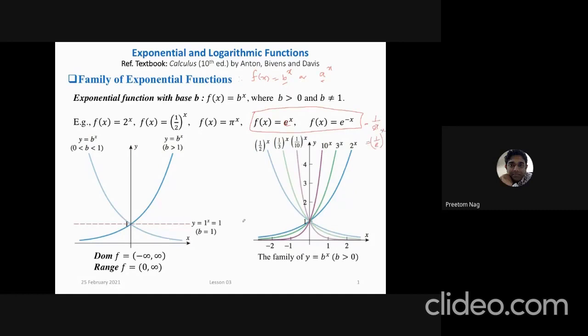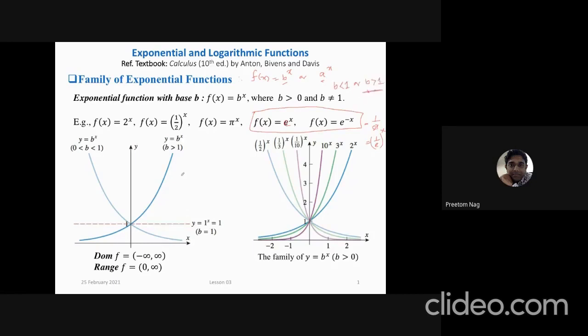Here we are seeing some graphs for exponential functions. If you have b to the power x where b is greater than 0, that means b can be of two types: b less than 1, or b greater than 1.